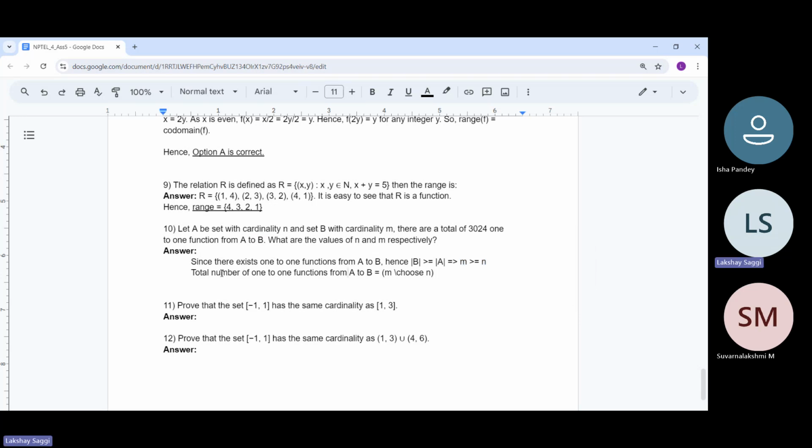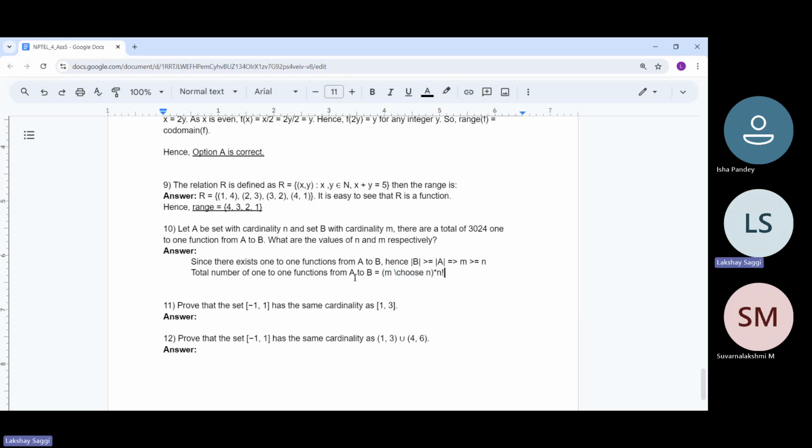And now we want to find the total number of one-to-one functions from A to B. Finding this is not difficult, because for any value x of A, we need exactly one value from B, right? There are n values in A. So out of the m values of B, we need to choose n values, and then we need to assign these n values to the n values of A, so we can permute these n values.